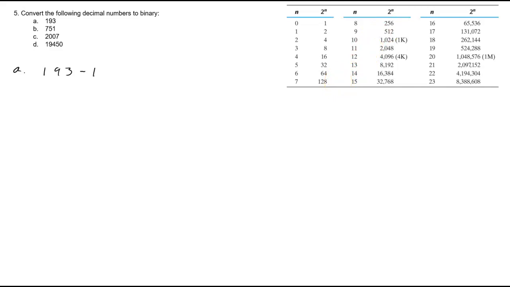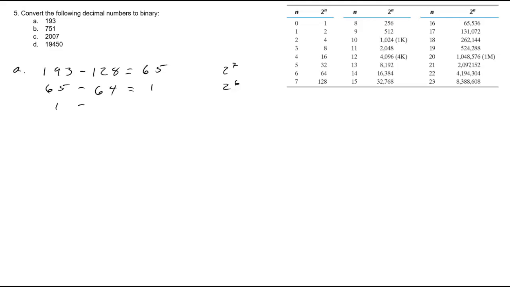We'll subtract 128, which is 2 to the 7th. We'll write that over here. And if I do that subtraction, I get 65. Bring the 65 down here to the next row. And the biggest power of 2 we can subtract is 64, which is 2 to the 6th, leaving 1.